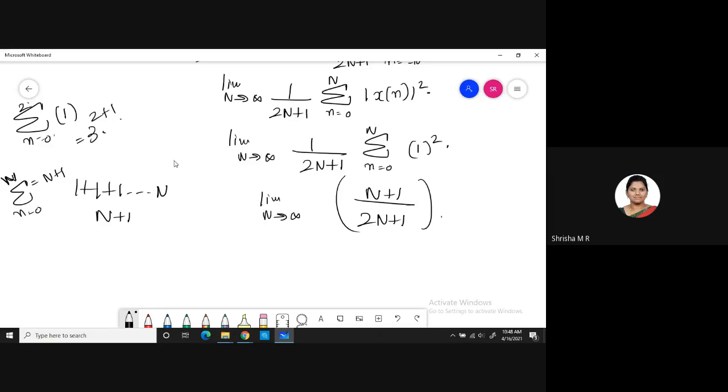See, if you have 3 samples with amplitude 1 from 0 to 2, what is the summation? You get 3, right? Similarly, if you have signals from 0 to n, all ones, samples of 1, so if you add that, you'll get n plus 1 only, right?